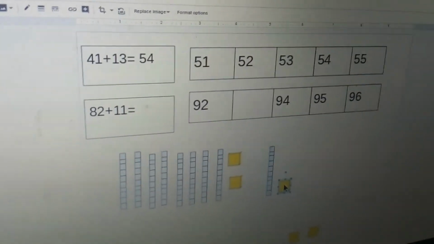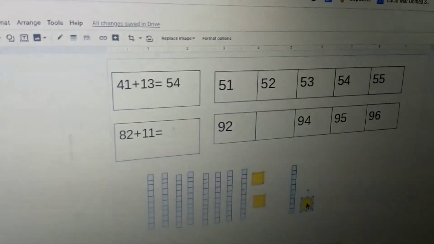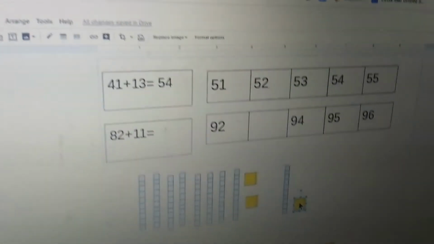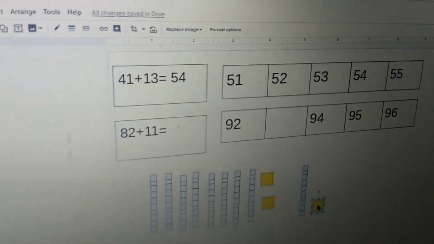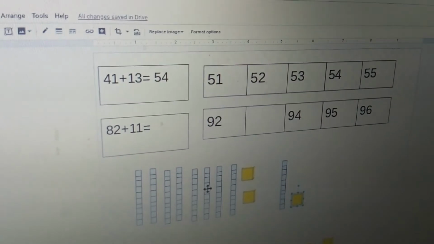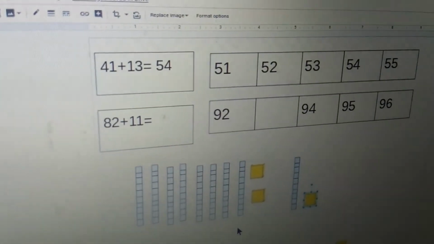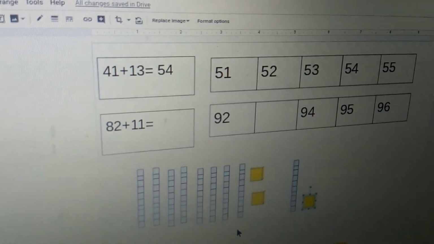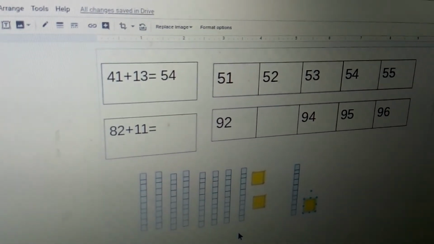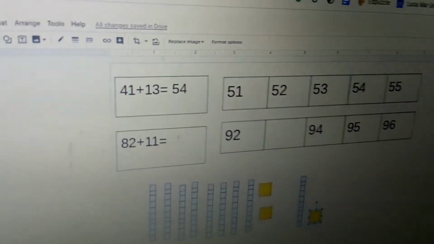Now we are ready to go on to step 2, where we need to count our total tens and ones units. In order to do that, let's look. How many 10 sticks do you count? Type your answer on the side. It should be 9.